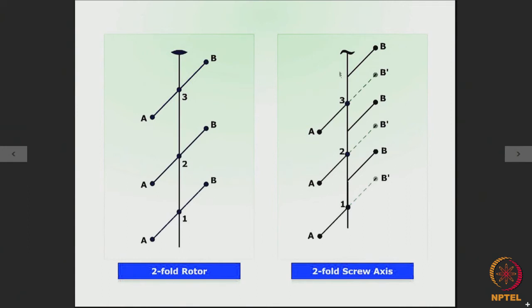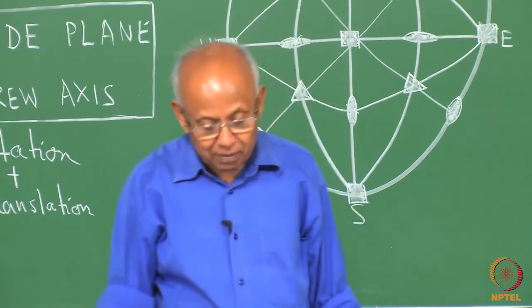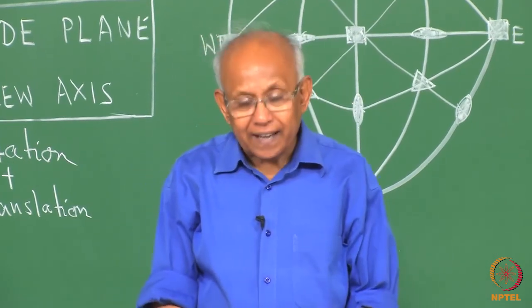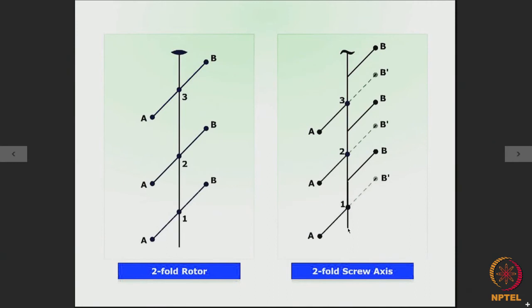But here we do not have a simple two-fold rotor. This sign indicates that it is a screw axis, and in this particular case, suppose the amount of translation is half the lattice parameter. So, the point A, due to the two-fold screw axis, cannot go to point B prime, which it would have done if it were a simple two-fold rotor, but instead it translates half the lattice parameter and goes to B.